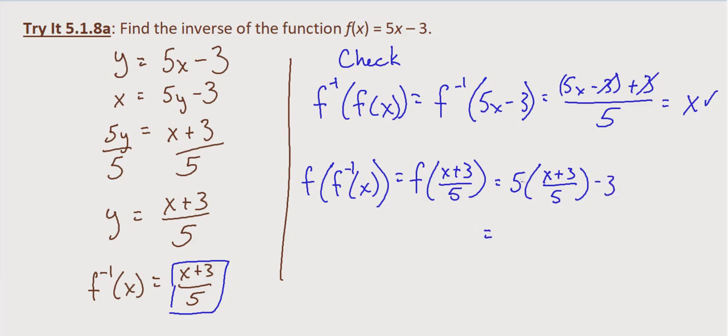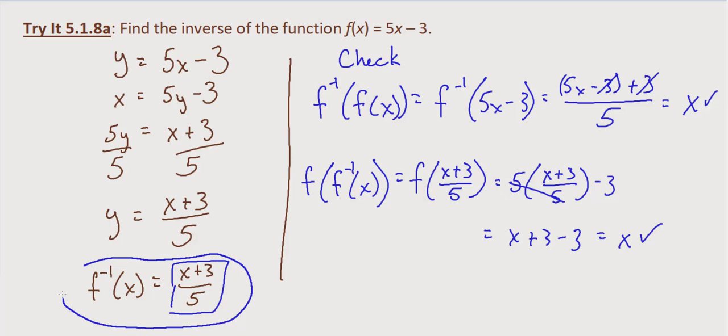That equals, the 5's cancel, so we're left with x plus 3 minus 3, which does indeed equal x, so that checks. And that verifies that the inverse of the function f of x equals 5x minus 3 is x plus 3 divided by 5.